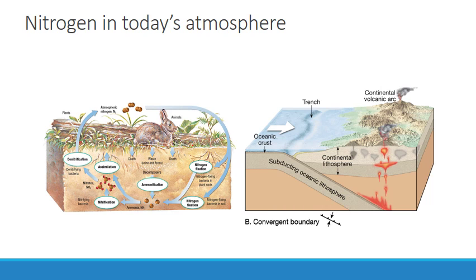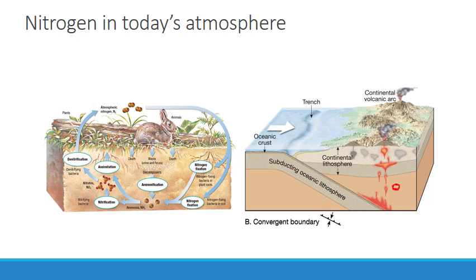So the tan area in this block diagram, I guess there's a few different shades of tan, but I'm talking mostly about this area in here, is the upper mantle. And it's an area where the lithosphere is moving around, flowing.